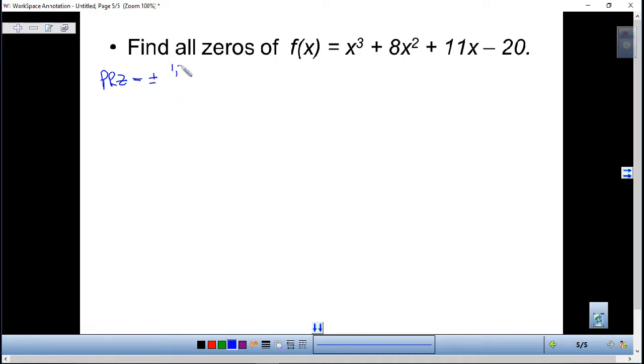So 1, 2, 4, 5, 10, and 20 over all the factors of the 1 in front. So of course we're just going to have all that list plus or minus. Plus or minus 1, 2, 4, 5, 10, and 20.